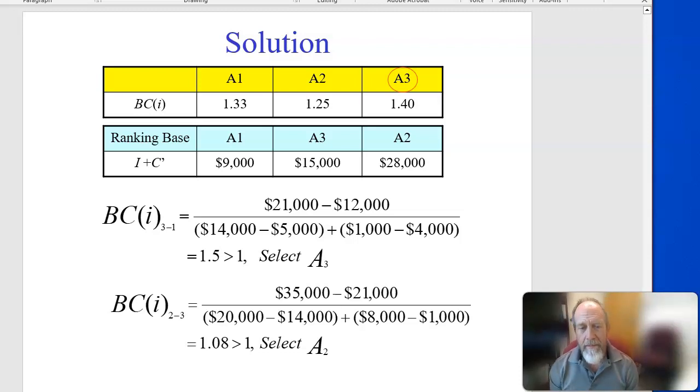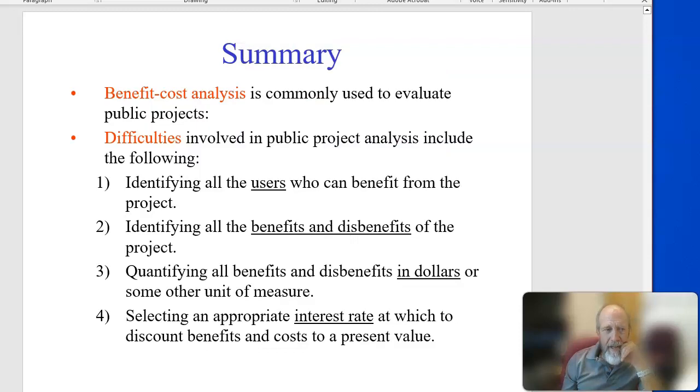If it's not the better one, delta B over delta I plus delta C prime is not going to be greater than 1. If it is, it will. See, not that challenging then. Remember, this is how you do it.